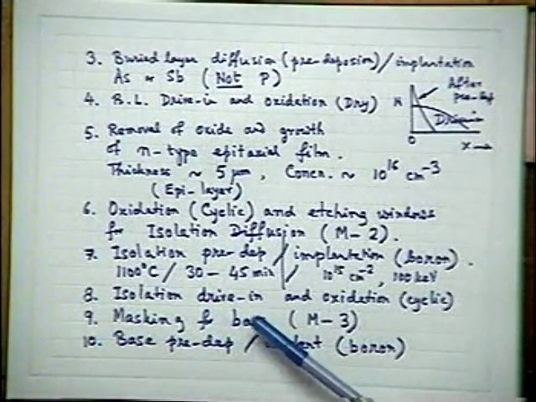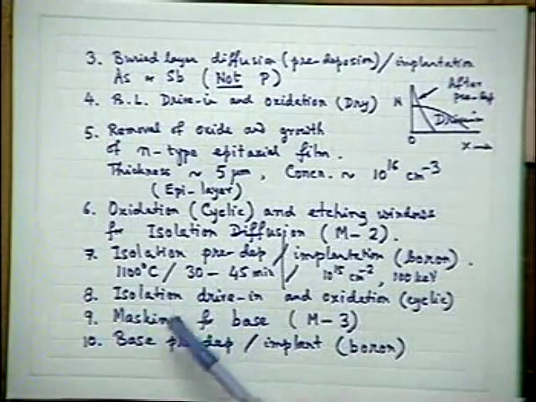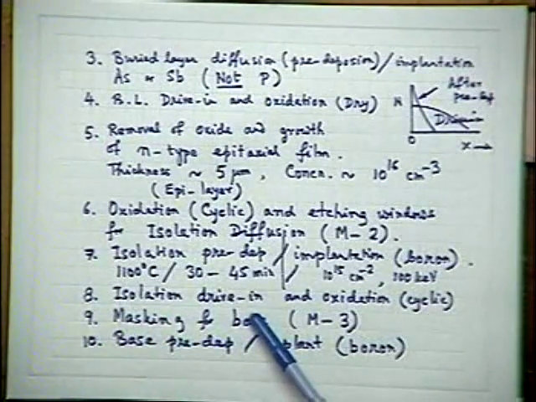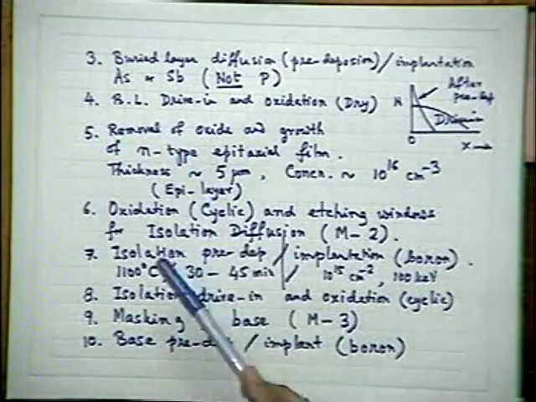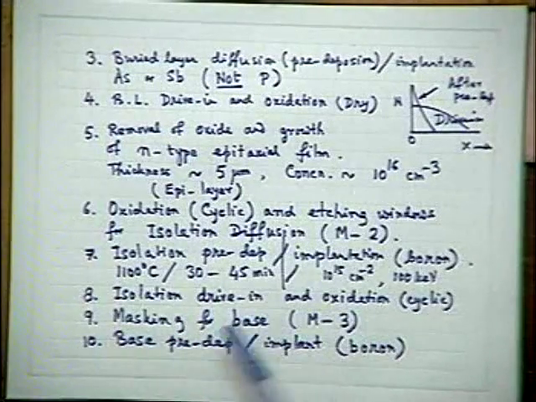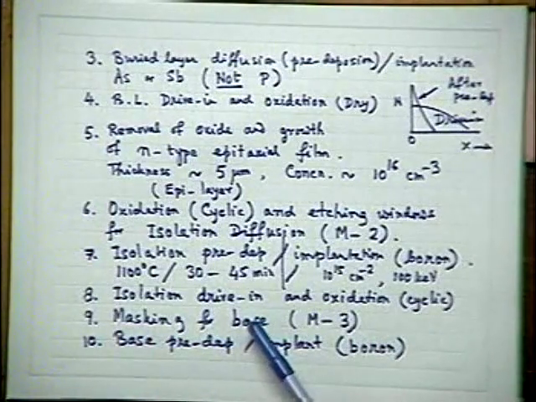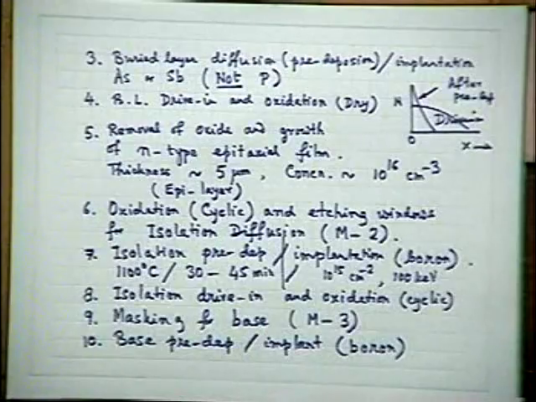Naturally, after the base masking means the same thing. It is window etching for base diffusion, which I have written earlier. So instead of that, I have written masking for base, meaning creating windows for the subsequent base diffusion or implantation.